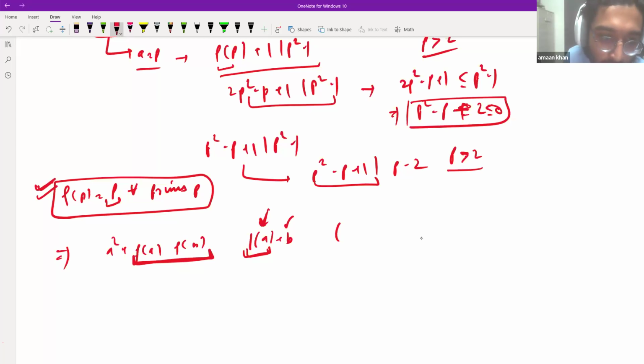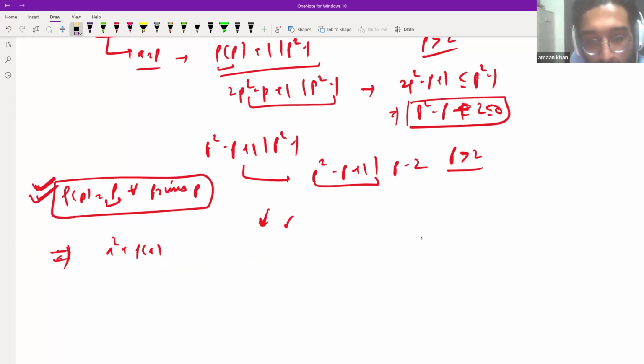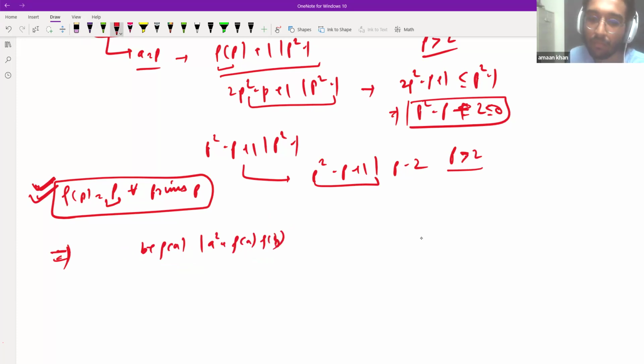Do you get what I'm saying? Basically you want to use this now in this functional equation.